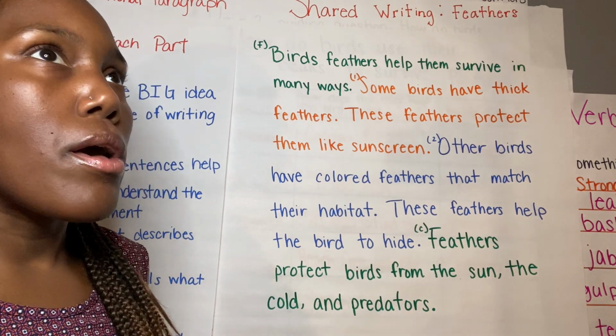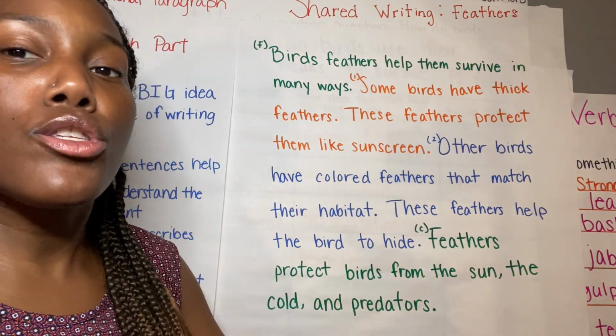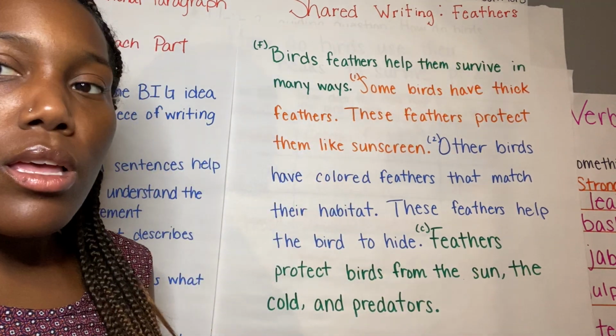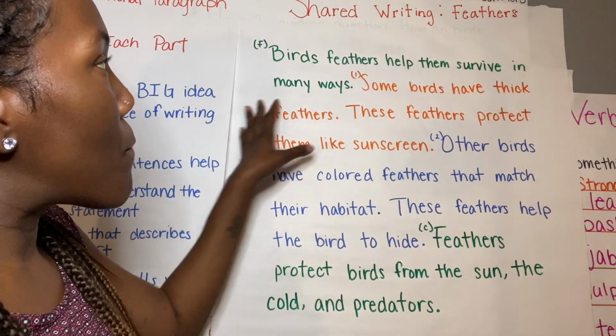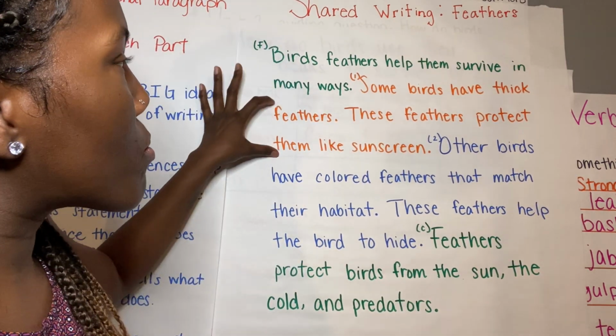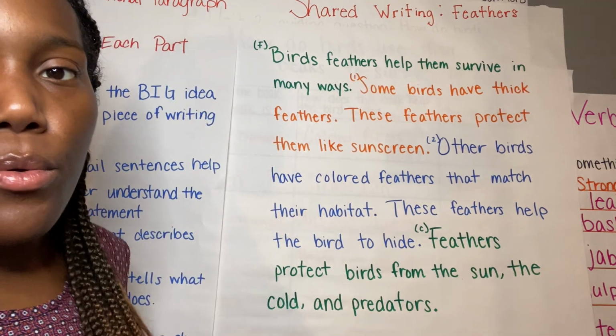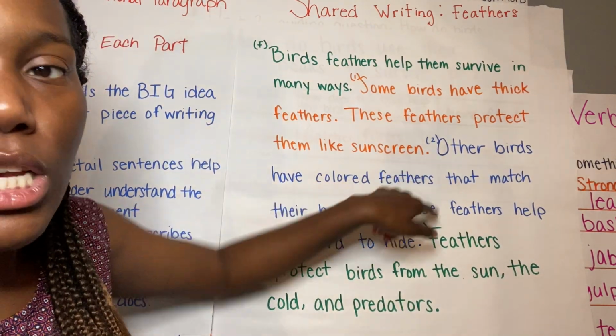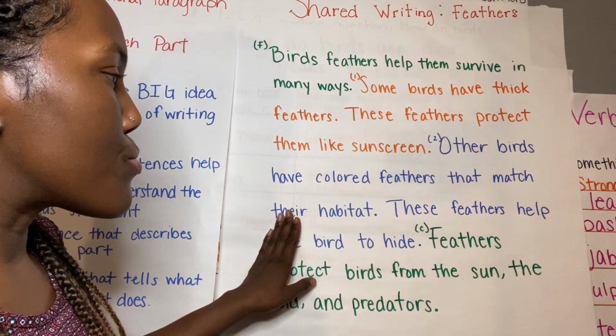That's good to know because that's telling me how the bird is using those bright feathers to help them survive. So it is supporting that focus statement again, but in a different way than what we have here in orange. And I've marked that with a 2 so we know that that is our detailed sentence number 2.